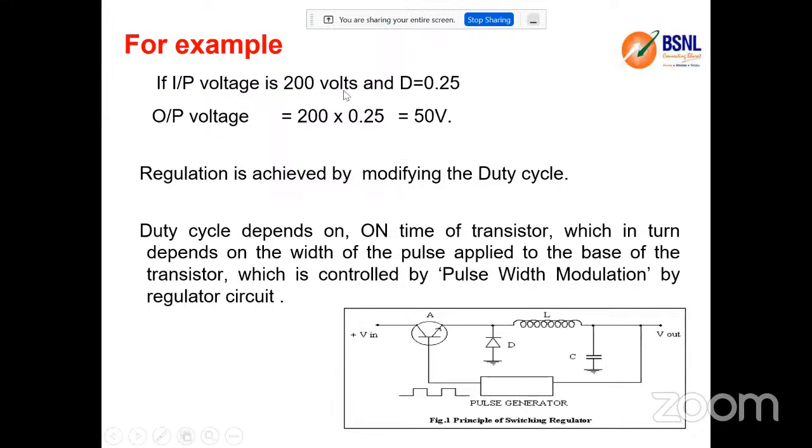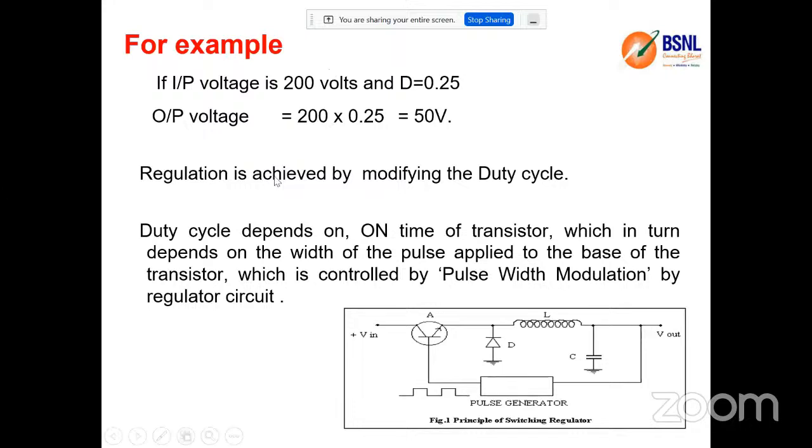Here you can see, if an input voltage is 200 volts and D is called the duty cycle, it means if I am operating the duty cycle at 0.25, then the output voltage would be only 50 volt. Instead of having a step down transformer, which could be okay in AC, but in DC, with the help of the duty cycle, like on time and off time variations, we can change the output voltage.